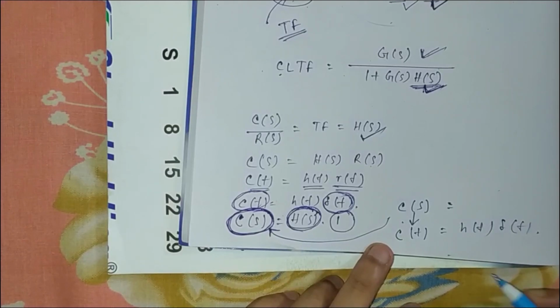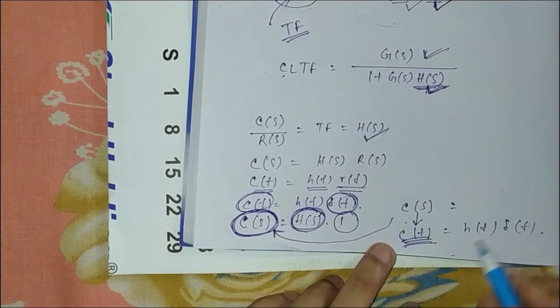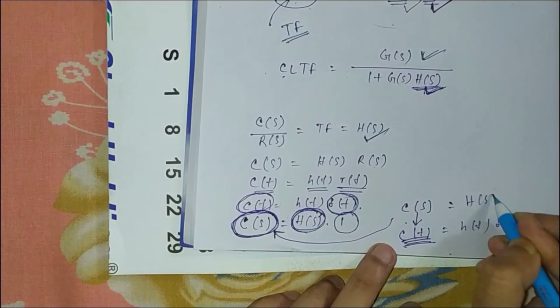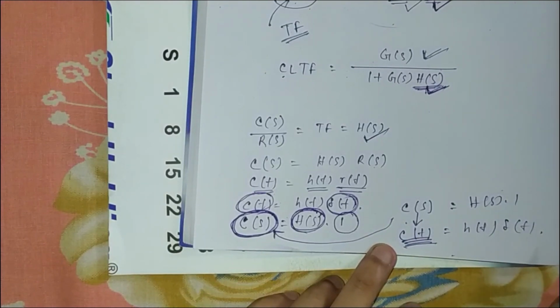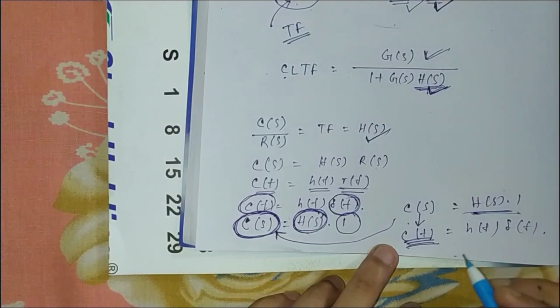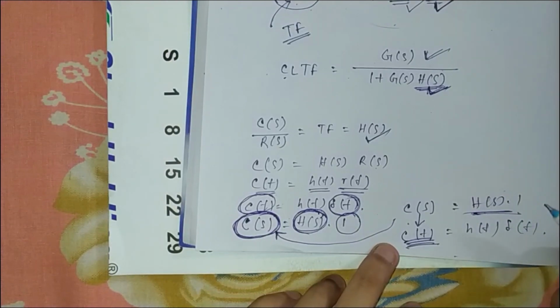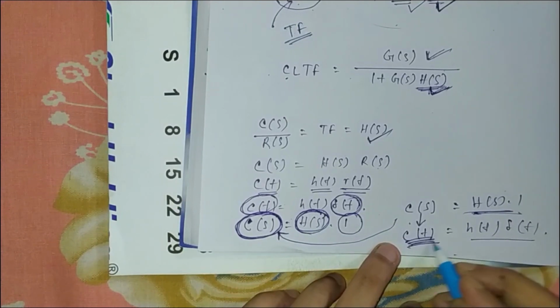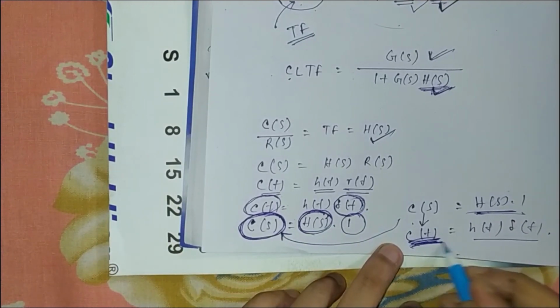This is C of s is equal to H of s into 1, which is equal to my transfer function. This C of s is equal to H of s. If I do the inverse Laplace of this, I will get the impulse response of the system.